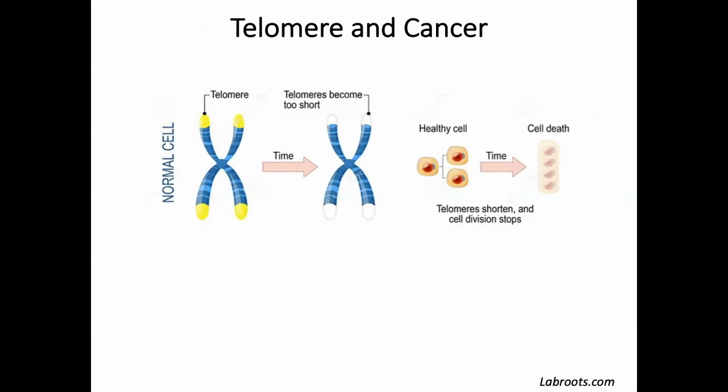For example, if we compare 2 cell populations, one from a 70-year-old man and the other from a 20-year-old man, you probably can tell who they belong to just by measuring the length of their telomeres. Who will have the longer telomeres? Yes, the young man.